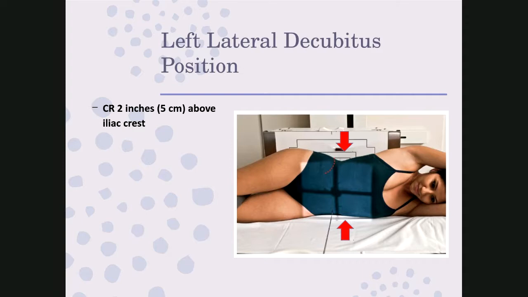Now, ideally, if you have too much air in there, then the patient would typically belch. But most humans have some amount of air in their stomach at any given time. So if we were to do a right lateral decubitus, the gastric bubble could be confused with free intraperitoneal air.